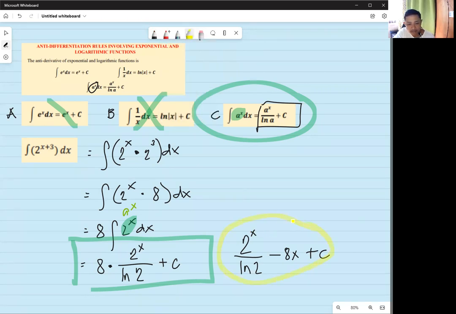What's wrong with this? This is our given. Is it this or this? Okay, the sign. Yes, there is a problem with the sign.